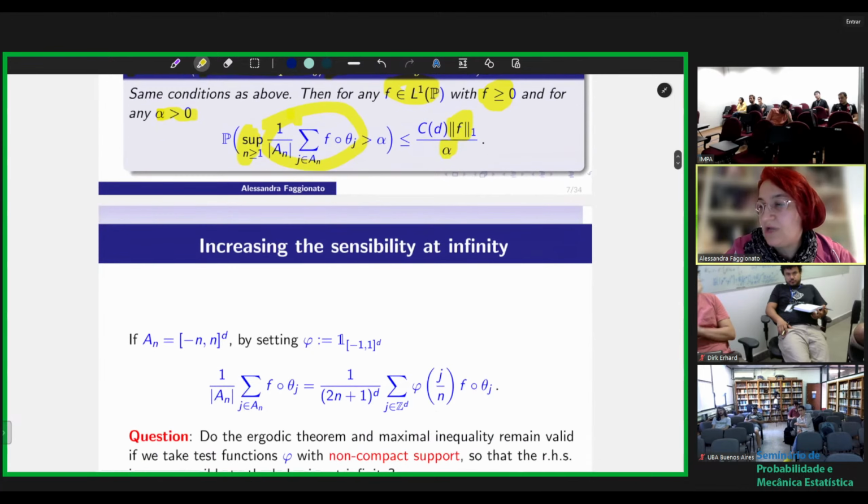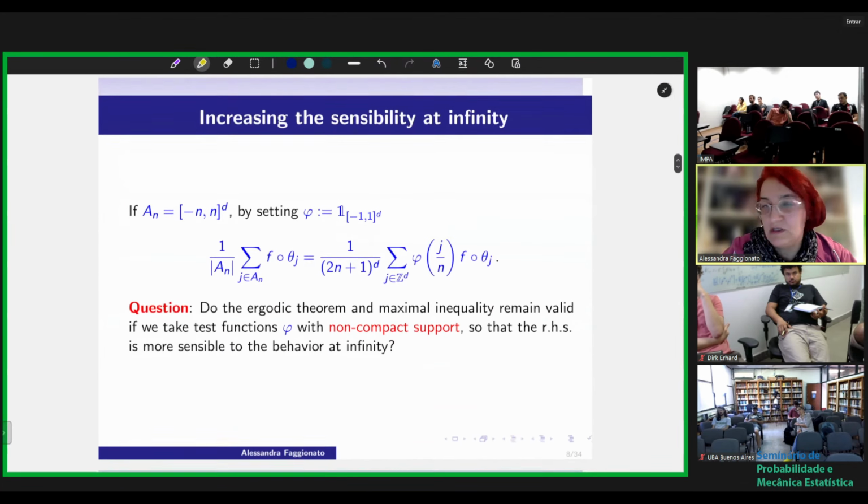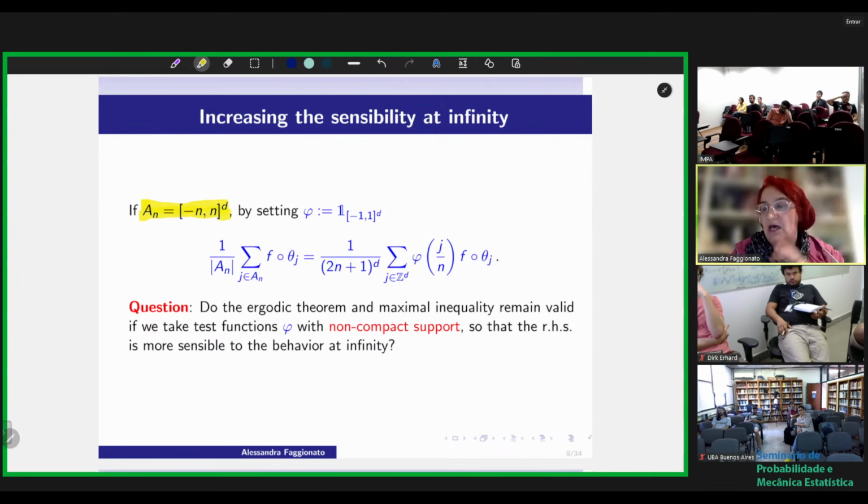Let us reflect a little on this multidimensional ergodic theorem. Let us take the case of A_n equal to the box in Z^d of radius n. These sets are homothetic, and in particular, if you define the function phi as the characteristic function of the box [-1,1]^d, then the averages that appear in the ergodic theorem or in the maximal inequality can be rewritten in this form.